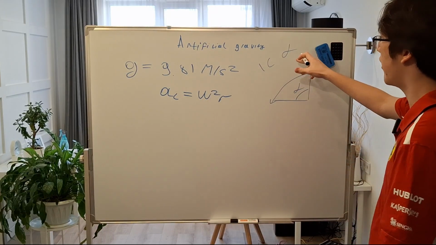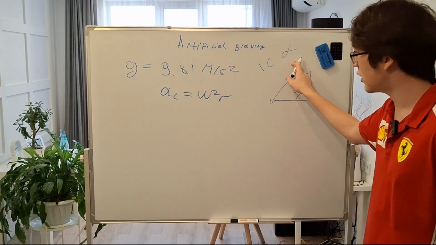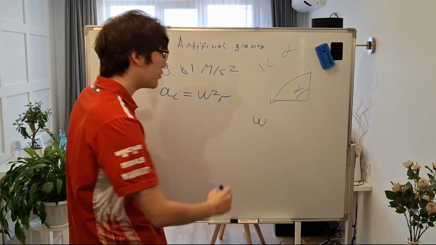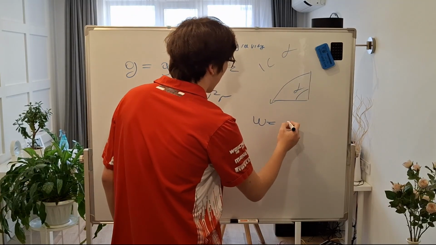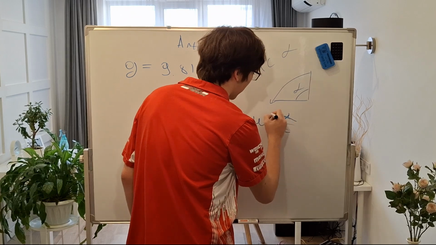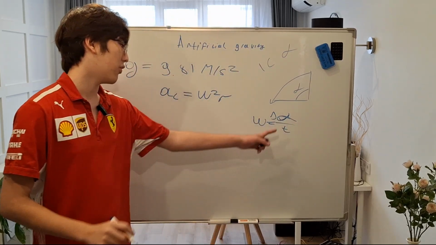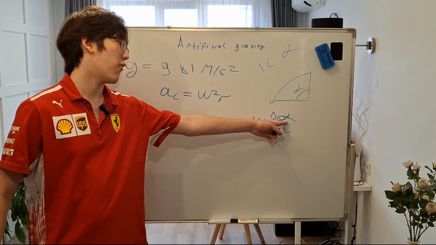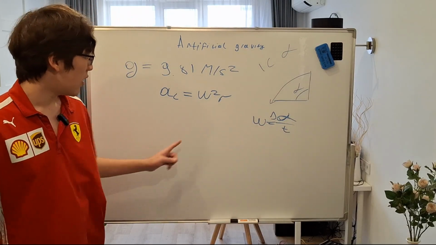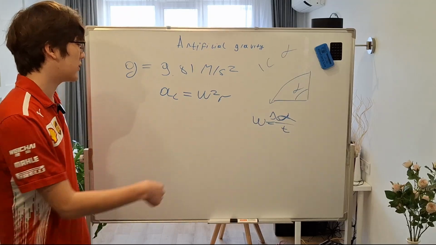We can take this angle alpha as a measure. So angular velocity will be equal to alpha divided by time, that is, the change in alpha divided by time.